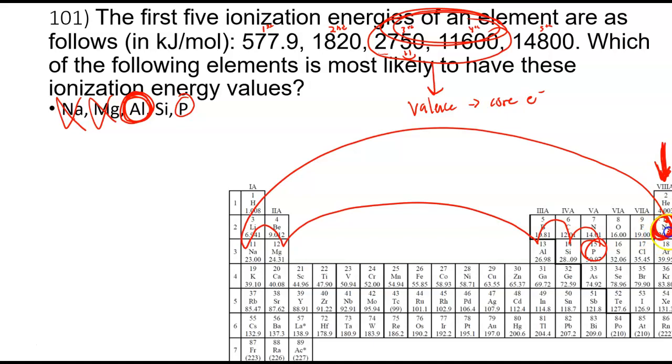At 5 electrons it would be here, so the jump would be between the 5th and the 6th, because remember, it's when we're removing this one. So this one is aluminum. You can also draw out the electron configurations, but you can also just do what I did using the periodic table. The jump comes when it tries to take it away from the core. The core is after it's become a noble gas.